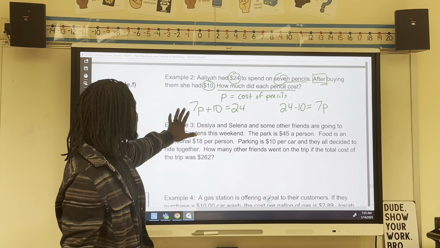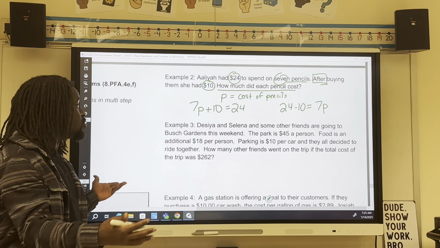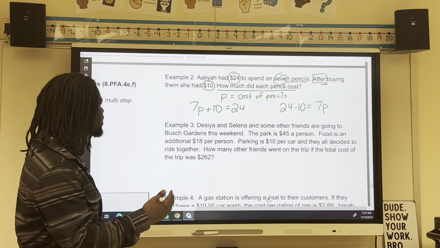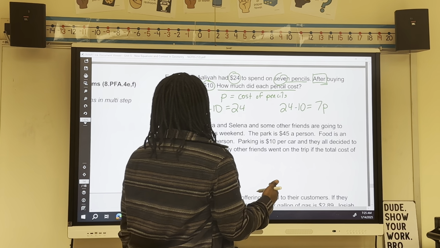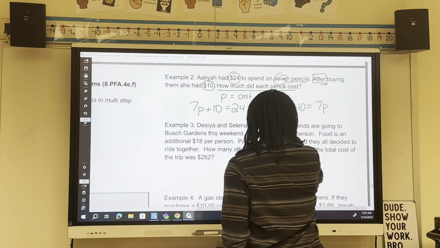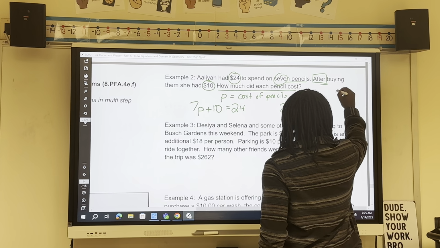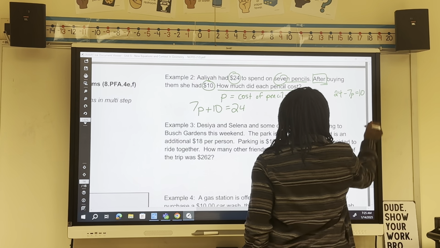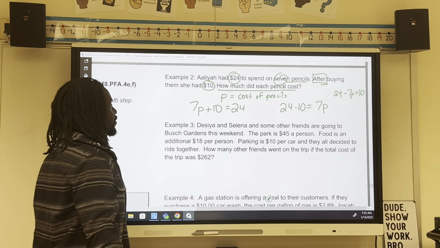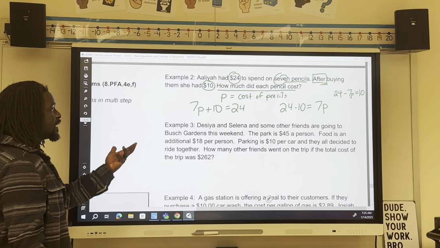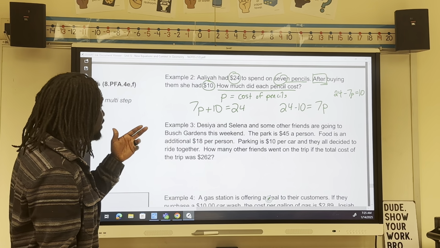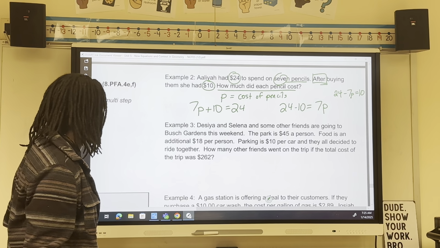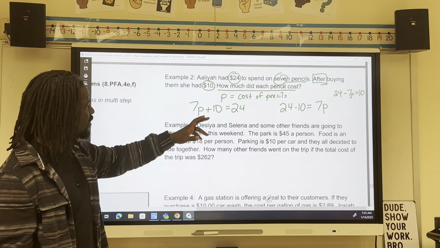But you're going to get the same answer however you set this up. Actually, now that I think about it, you could have said 24 minus 7p equals the 10. In fact, I think that might have been the way some of you wrote it. But like I said, regardless of how you set this up, you're still going to get the correct answer. So those are different ways.